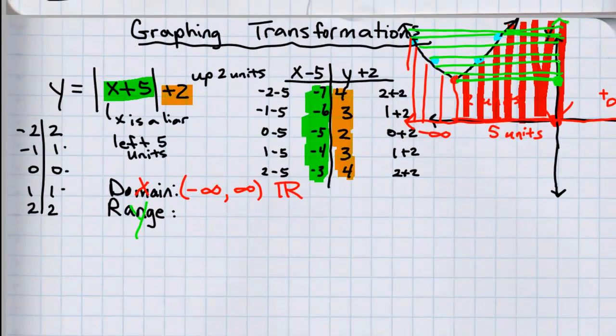Graph starts here all the way to positive infinity. Well, what's the y value at this point? It's a positive 2. So the graph is starting at 2 and going to positive infinity. Remember, 2 is in brackets because this is a solid dot right here.